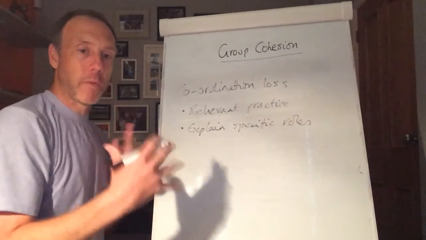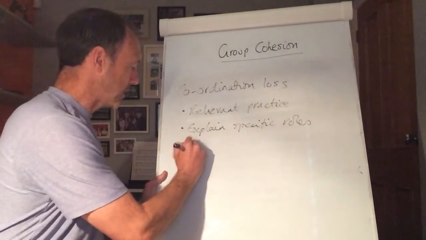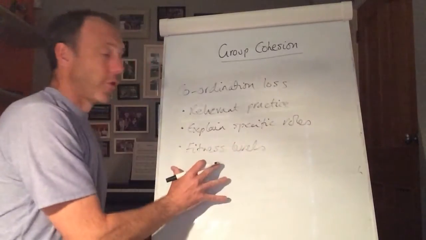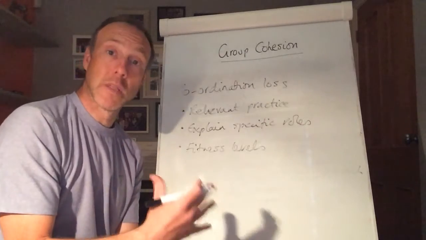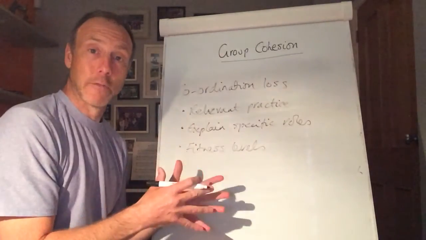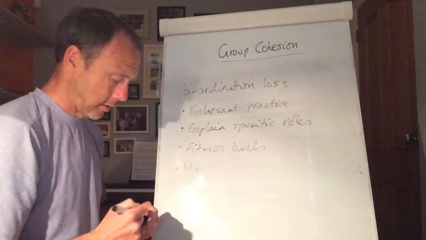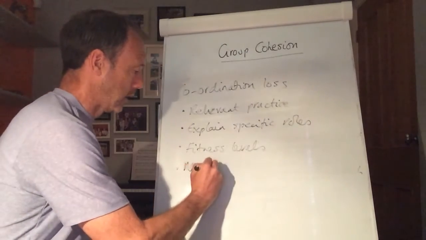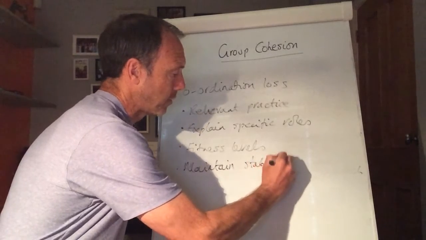Okay, and on top of that, you might want to consider fitness levels. The fitter a team is, the more likely are they to be able to carry out those specific instructions. Okay, and also they are liable to maintain levels of concentration longer in the game. Maintaining stability of the team is very important.